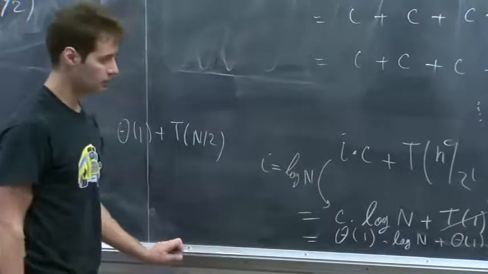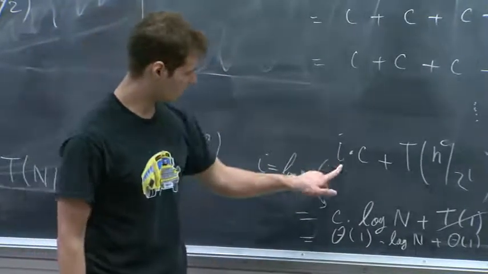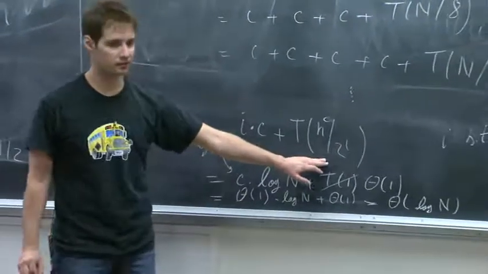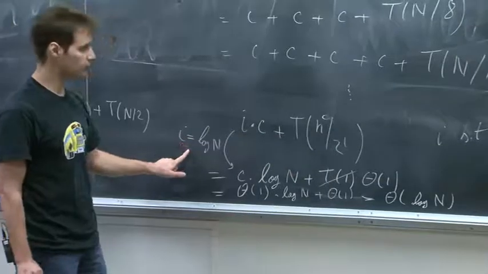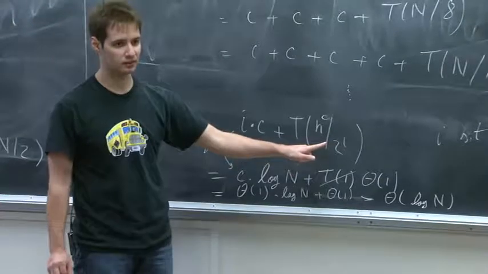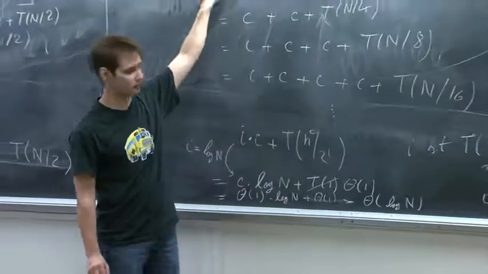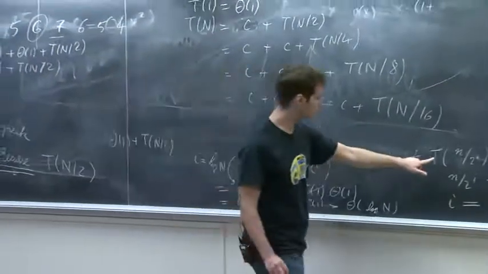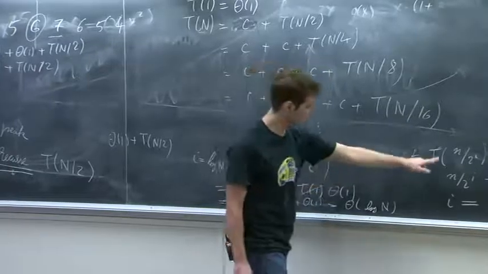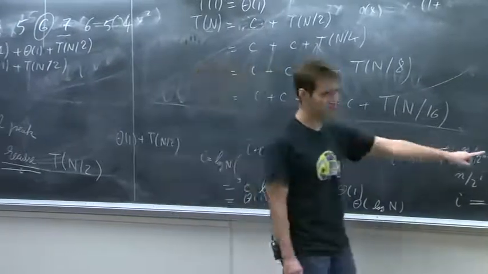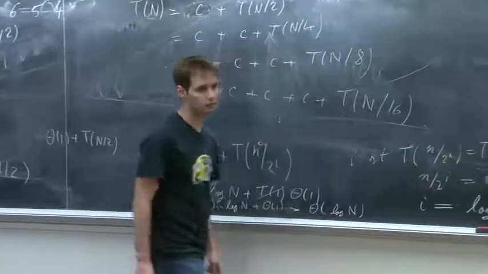So i becomes log n, c stays c. You're wondering about this part, right? So if i is log n, then 2 to the i is n. So I have T of 1, which I have here. So I wanted to have this happen. When I was solving for i here, I set this guy to my base case so that I can get this to happen.